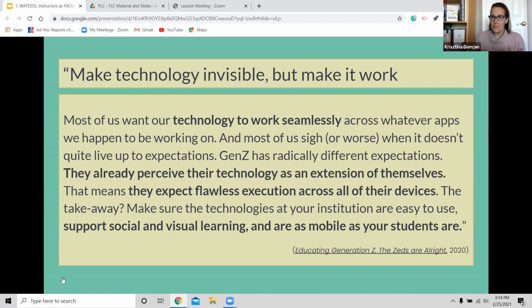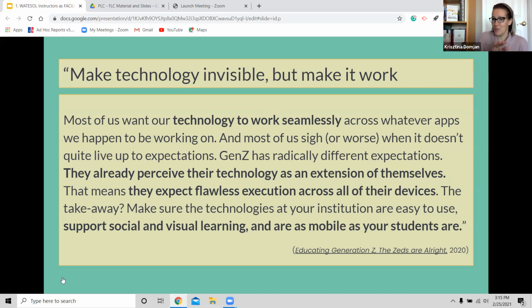Now, if you hear about a great tool, there are so many webinars and workshops about using online tools or digital tools and platforms to add to our classroom environment. So if that's what you want to do, just please make sure that you try it out either with your family or your friends or colleagues first, because according to my experience, nothing frustrates Gen Z more than when the technology is not flawless.